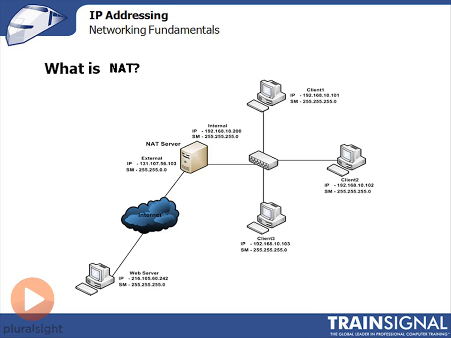We then have a NAT server, and this NAT server is also almost a form of a router. It actually has two IP addresses. It has two network cards, really, I should say. One is connected to the internal network, and that network card on the internal side has an IP address of 192.168.10.200, and that internal IP address is used to communicate with the other internal private IP addresses.